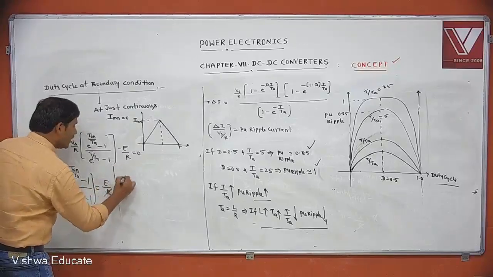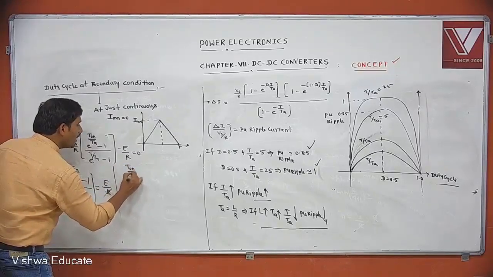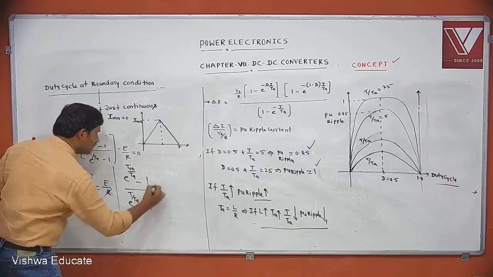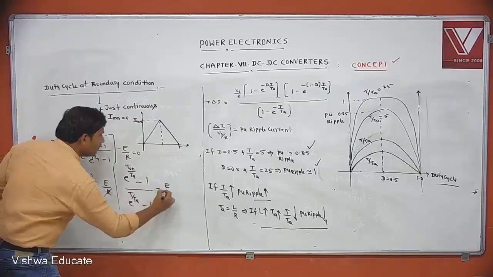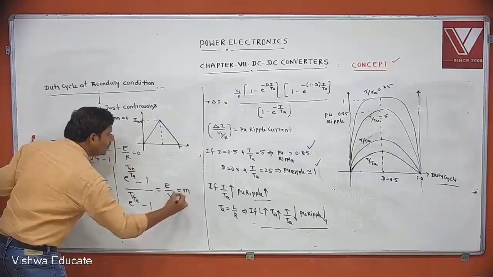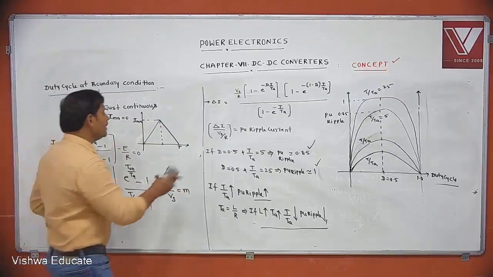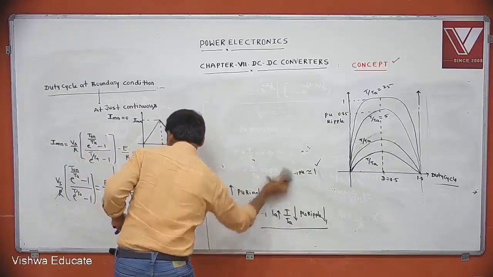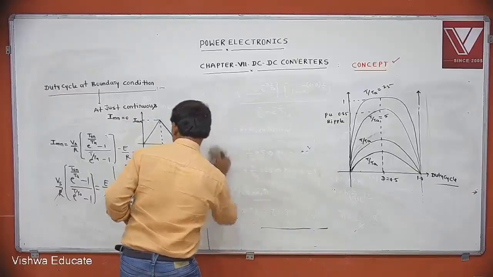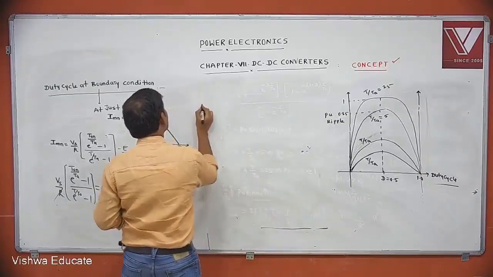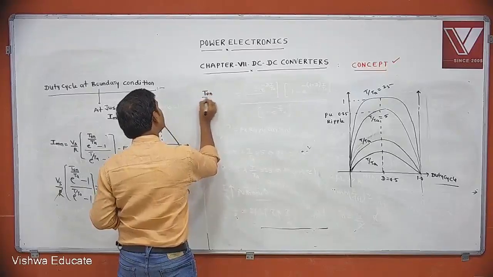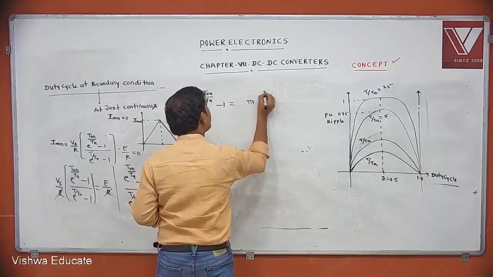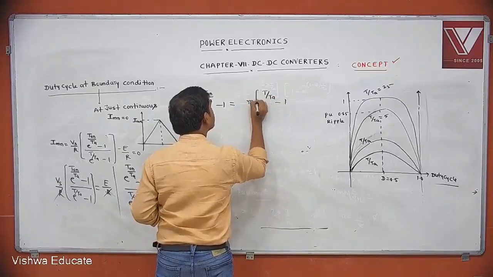Then from this what can you write? (e power T on by Ta minus 1) by (e power T by Ta minus 1) equal to E by Vs. Let E by Vs equal to M. Therefore, e power T on by Ta minus 1 equal to M into (e power T by Ta minus 1).